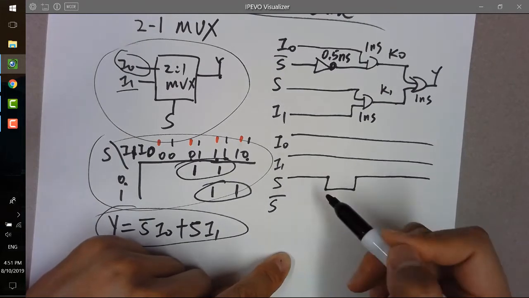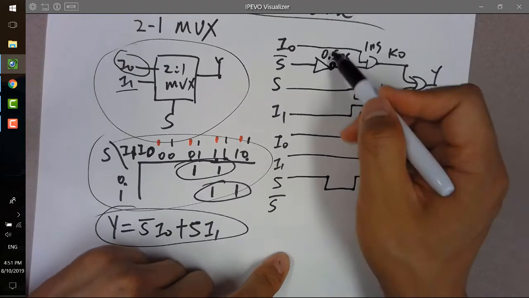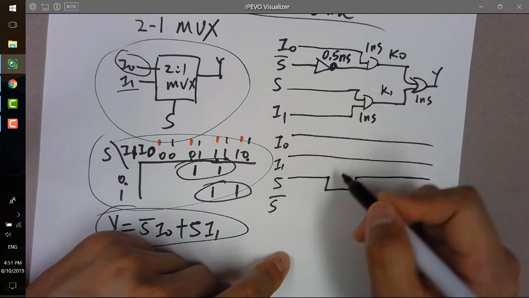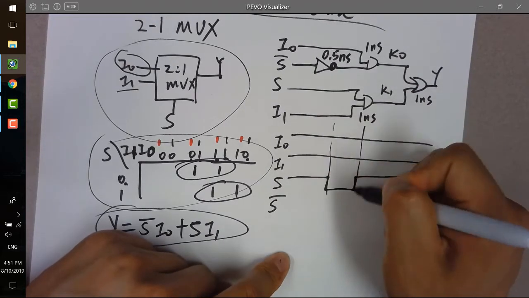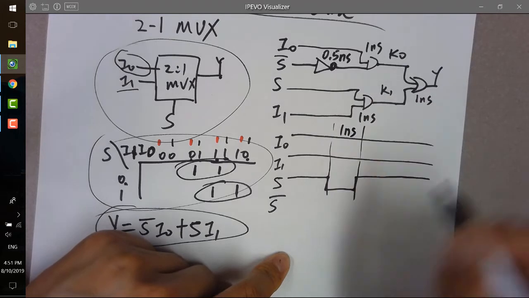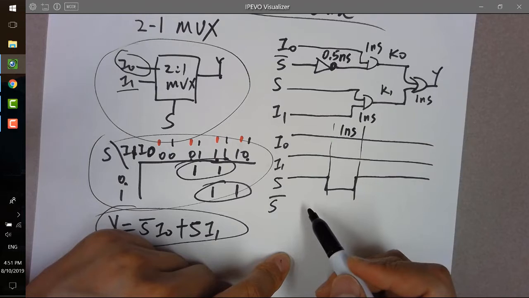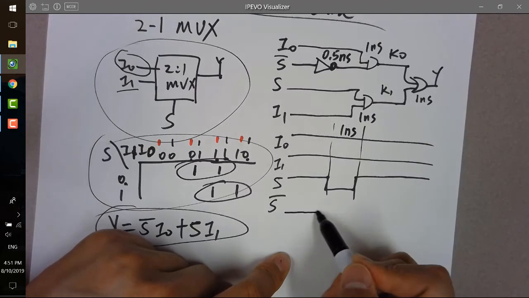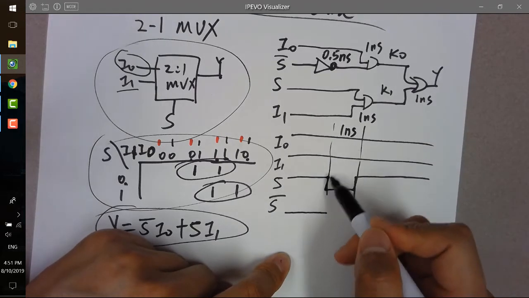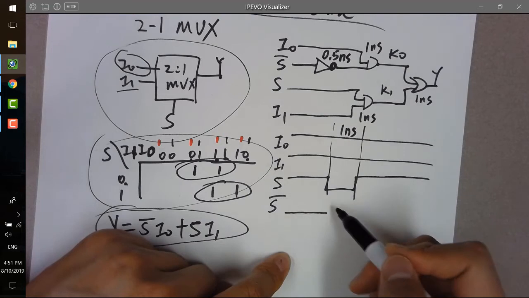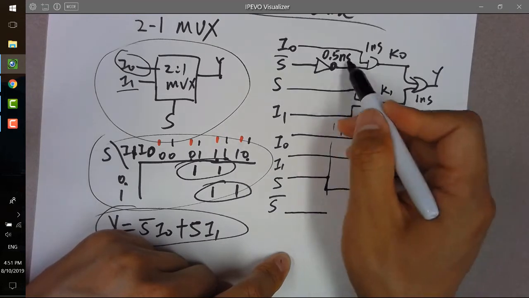Because the inverter has a 0.5 nanosecond delay, and for example this time period is 1 nanosecond, in the beginning it's going to invert it. However, when S changes, your inverted signal won't change immediately because you have a 0.5 nanosecond delay.